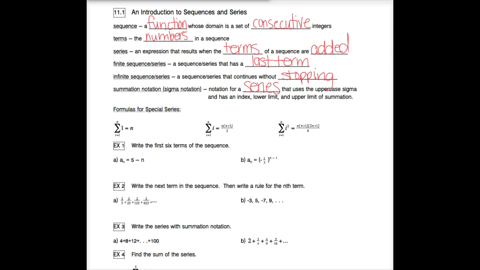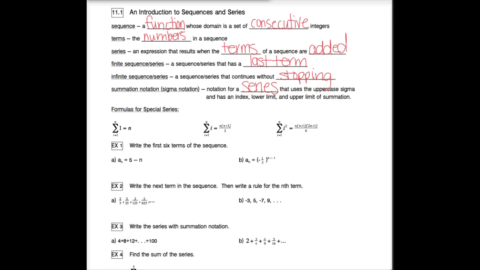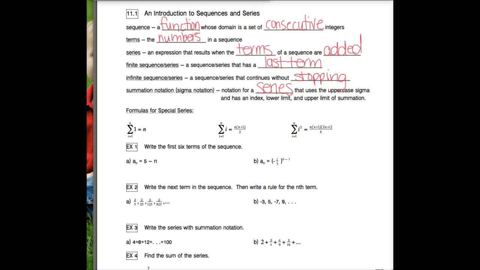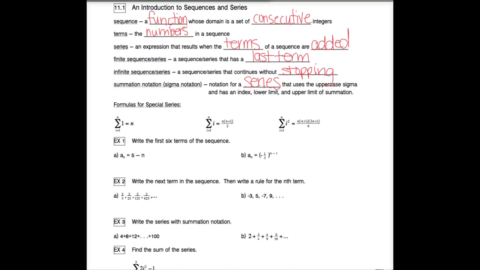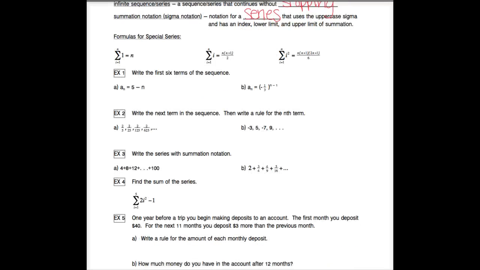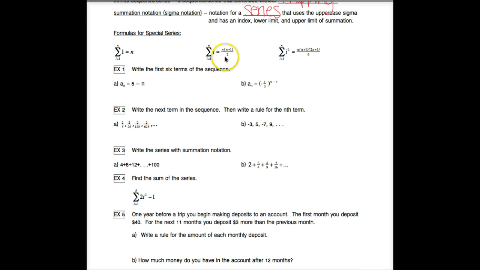So if we look further here, I'm going to move this over a bit so I can scroll. There we go. Within our formulas for special series, and you'll see how these come into play in just a moment, I want to take a minute to define index, lower limit, and upper limit of summation. The index is always going to be whatever this is. So my i in this case, that's my index.